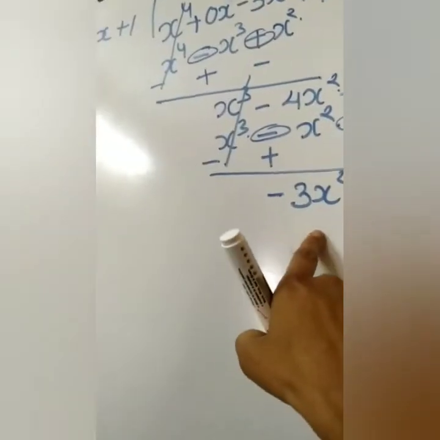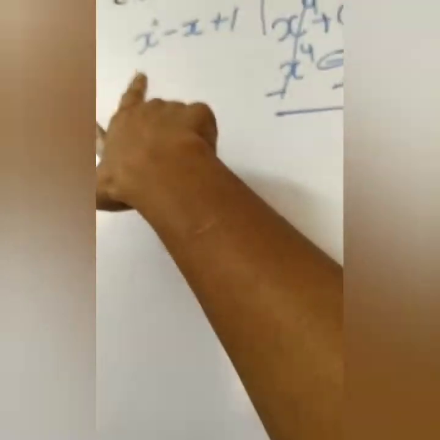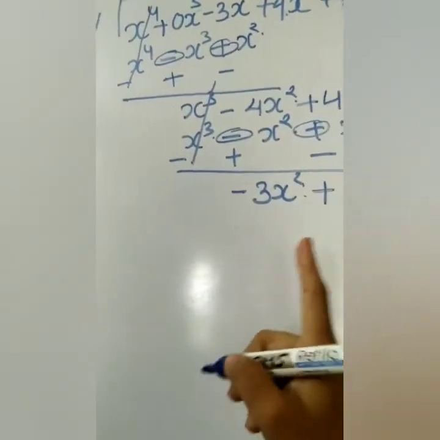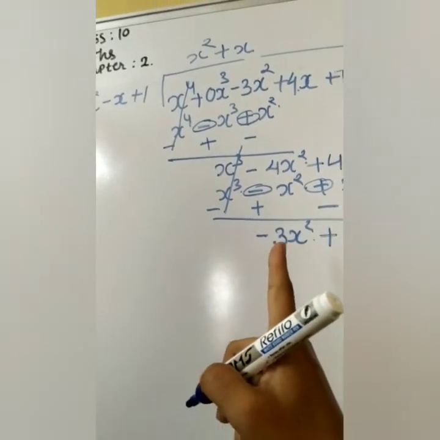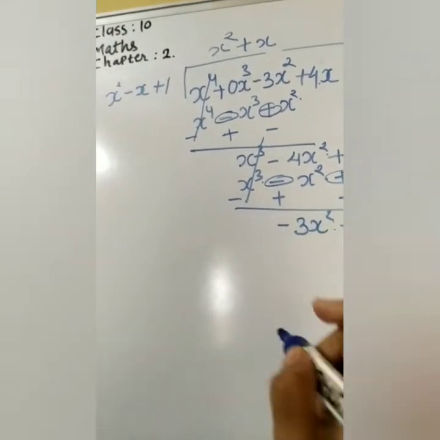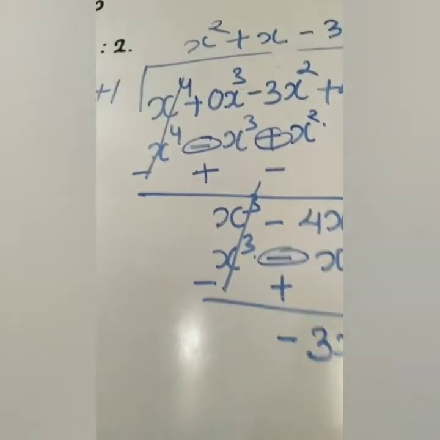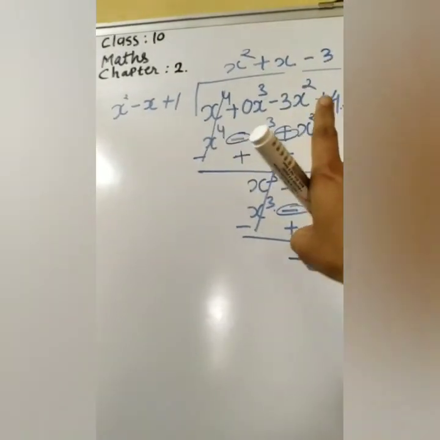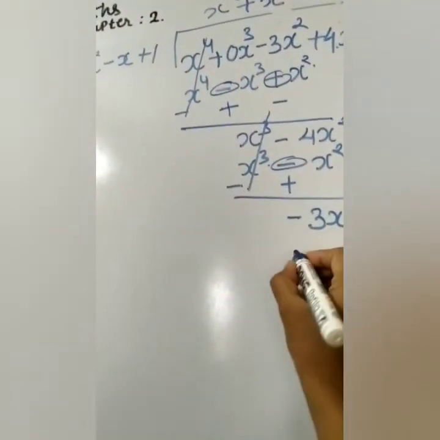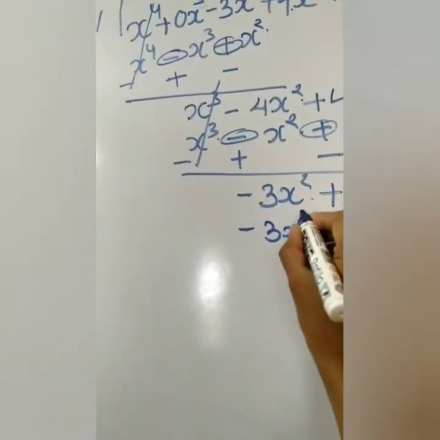Now again we will check that here x square term is there and here also x square is there. One extra thing we want is 3x, only minus 3. So we will multiply it with minus 3 only. So when we are multiplying that minus 3 with x square, it will become minus 3x square.